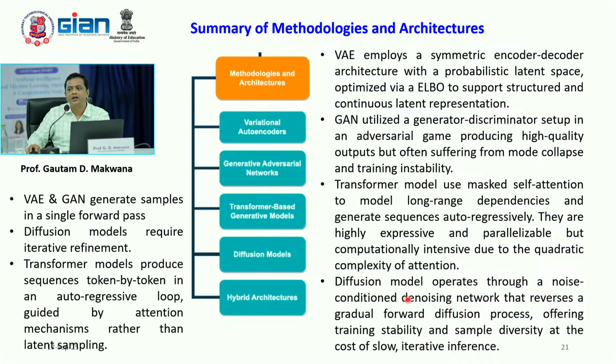And there are also hybrid models, a combination of these four. It may be the VAE or GAN with the diffusion model requiring iterative refinement, and then a transformer. So a combination of these architectures is also known as generative AI.